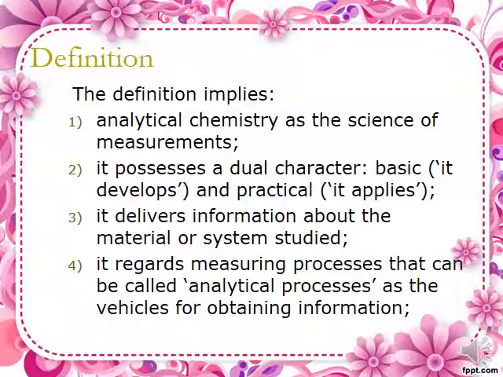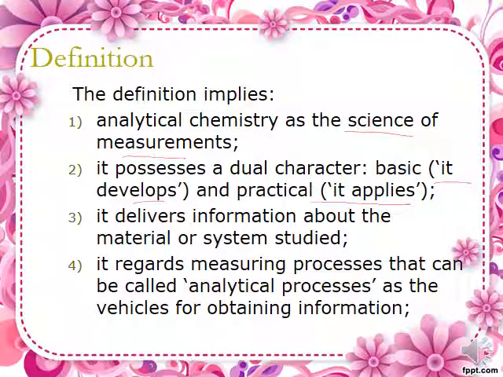Metrological science is science of measurement. And based on the definition, what it means is that it possesses a dual character. So it develops and it applies in practical situation.